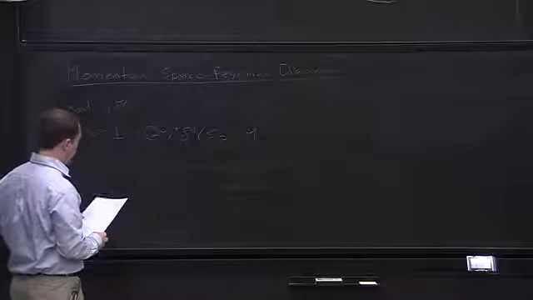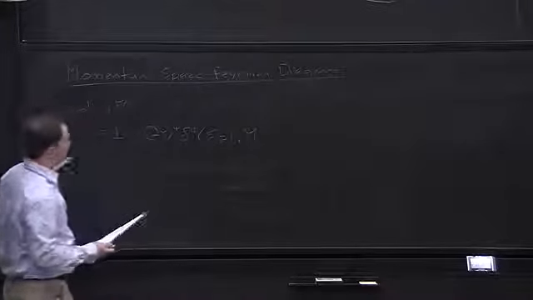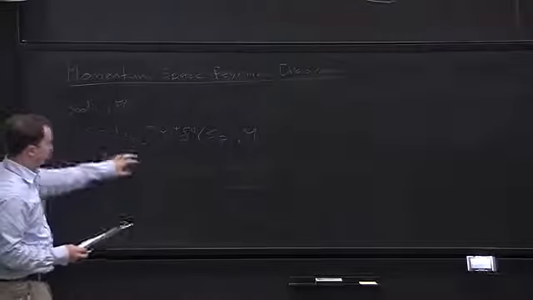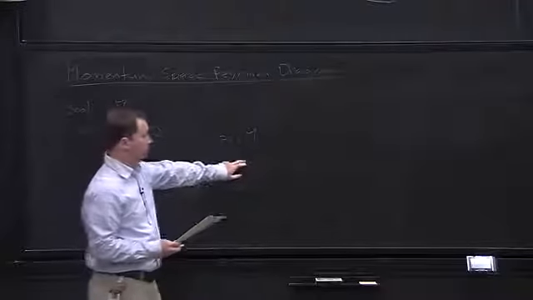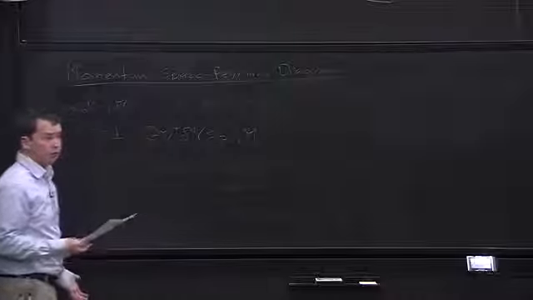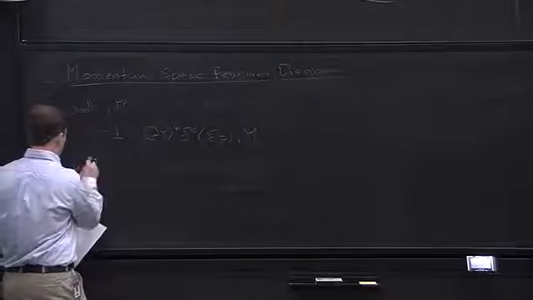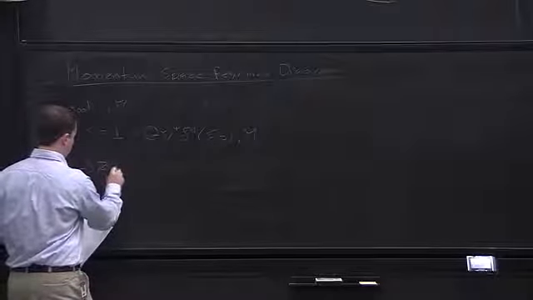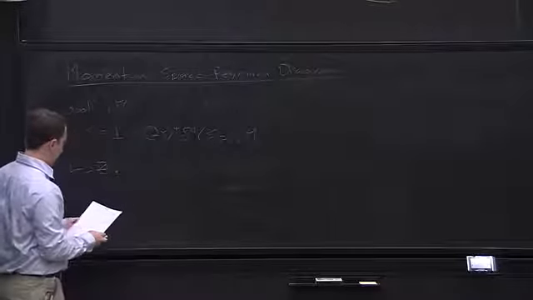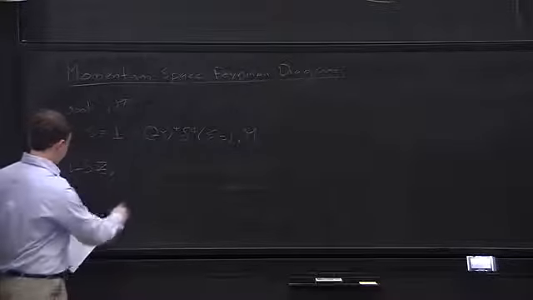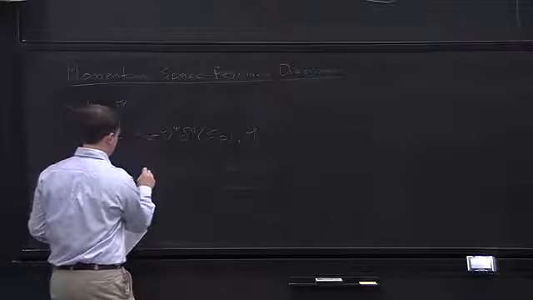Okay, so in order to compute this matrix element, we need to use the LSZ formula. We now know how to compute the Green's functions that appear on the right-hand side using Feynman diagrams. And so we'll use that result to see what Feynman diagrams we should draw and what expressions we should associate with them.